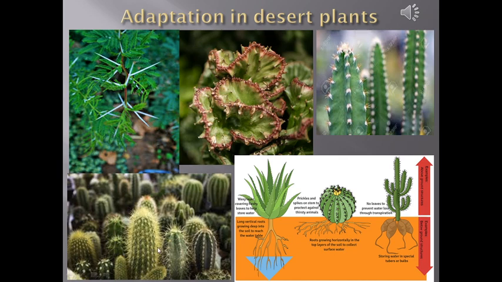If you observe the roots, either the roots will go vertically down in search of water or they will spread horizontally on the surface in search of water. Or in some cases, you will also find the roots to be swollen in the form of tubes or bulbs because they store water in the roots.